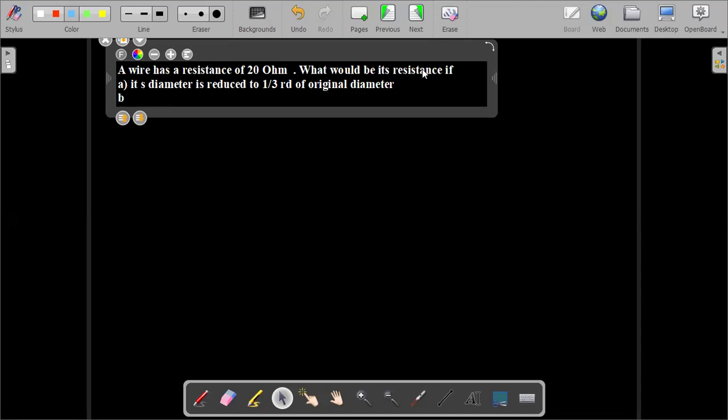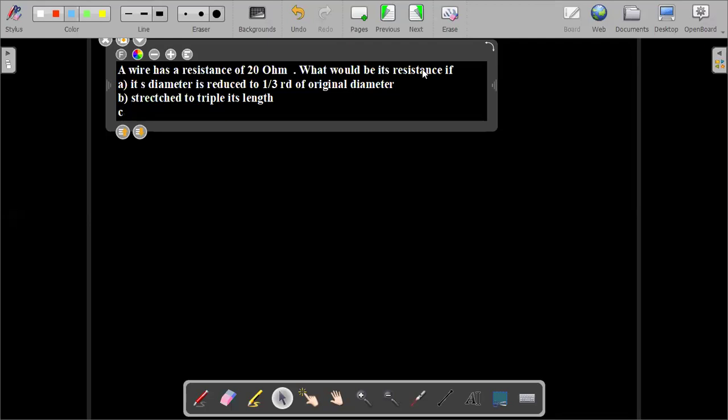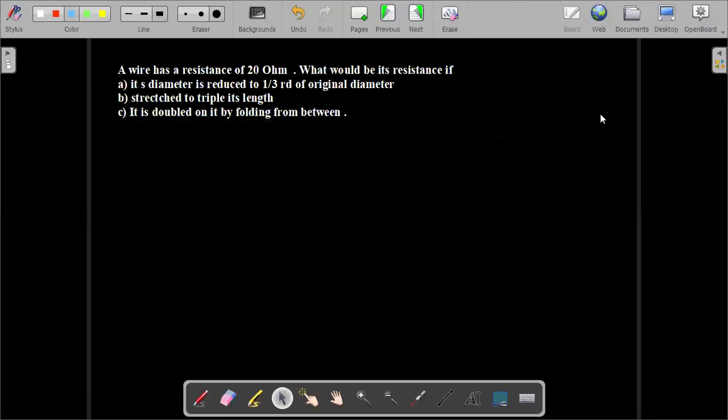To obtain this, it is stretched to triple its length, then it is doubled on it. Okay, so obtain it.